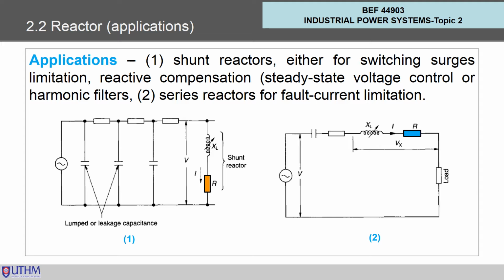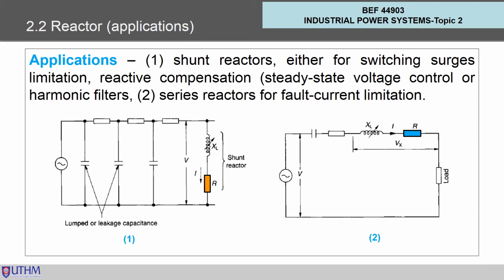Here are the applications of reactors. There are two applications. The first one is shunt reactors, either for switching surge limitation, reactive compensation for steady state voltage control, or harmonic filters.